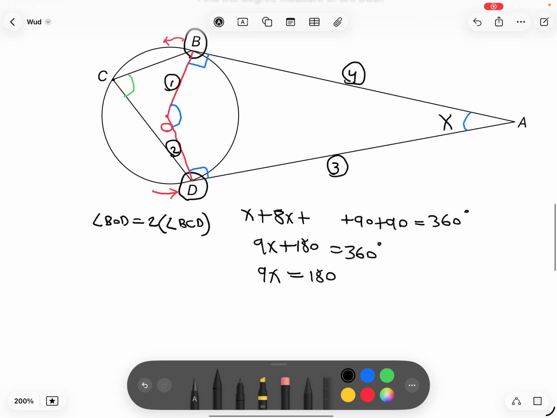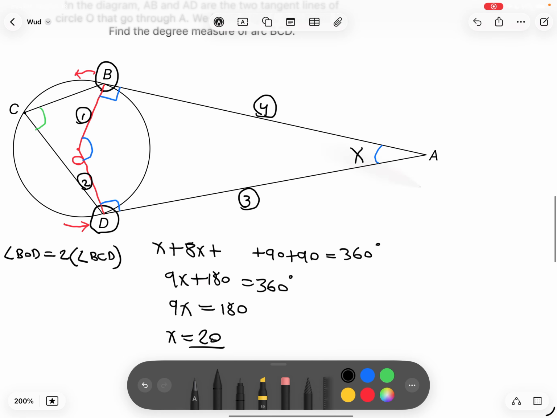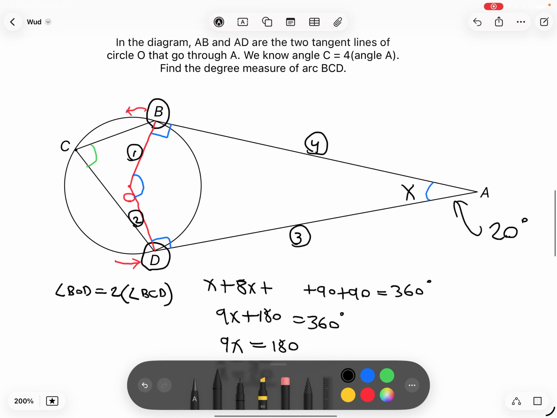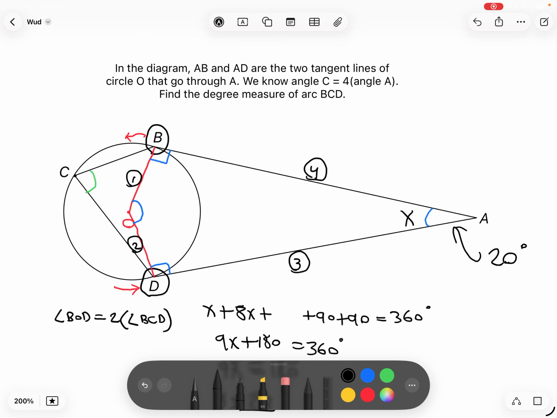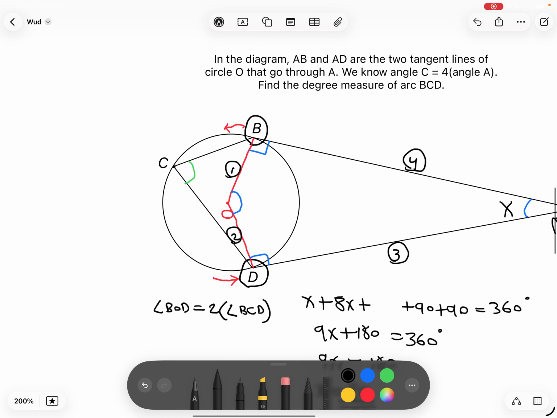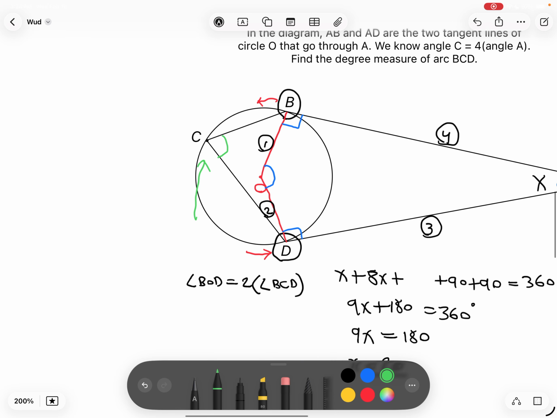Finally, we divide both sides by 9 to get x equals 20. So the degree measure of angle A must be 20 degrees. They tell us angle C is 4 times angle A, which means angle C is going to be 4 times 20, which is 80 degrees.